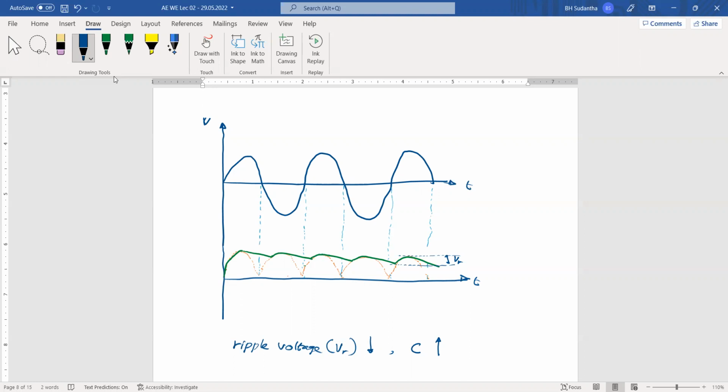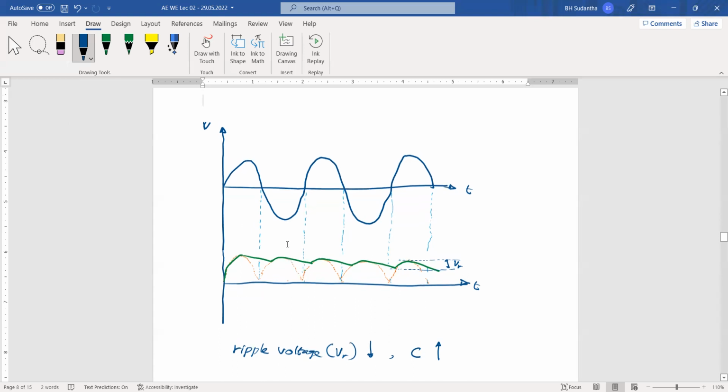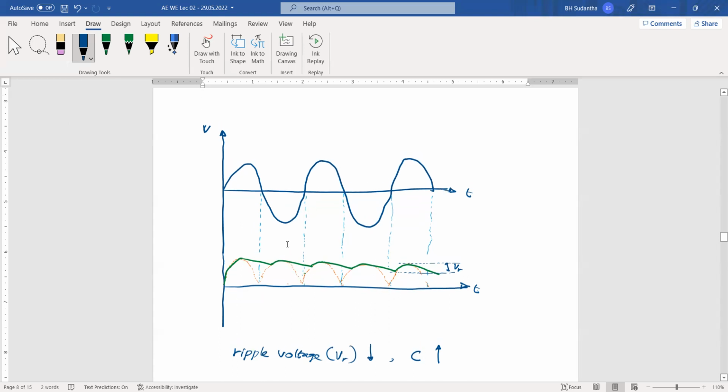Again, we have to think about the input side capability, how it can provide current to the rest of the circuit. Considering that, we can determine the capacitance value. Anyway, compared to half wave rectification, full wave rectification is much better.